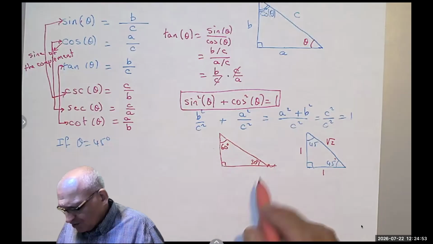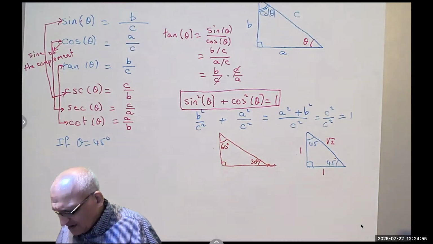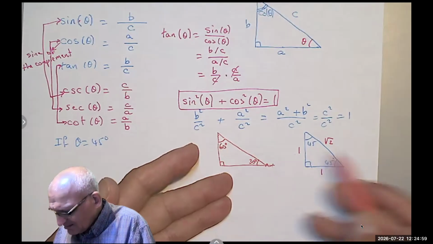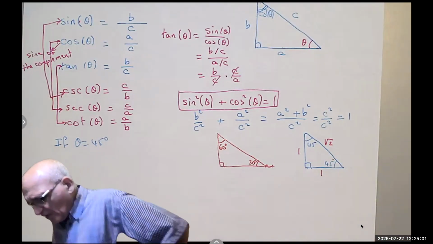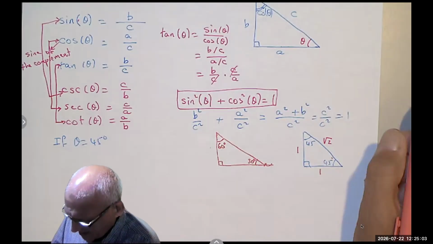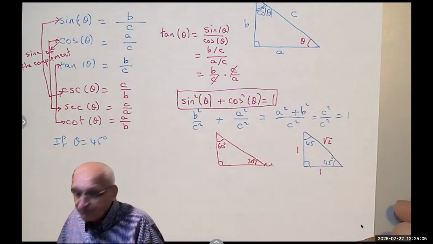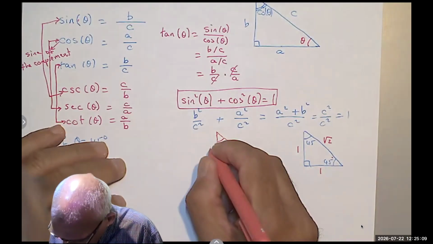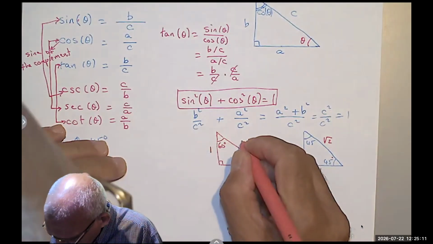Some people would say, well, why not 1/3, since 30 is 1/3 of 90? Well, it's the nature of triangles. If this is 1 unit, then this is 2 units.